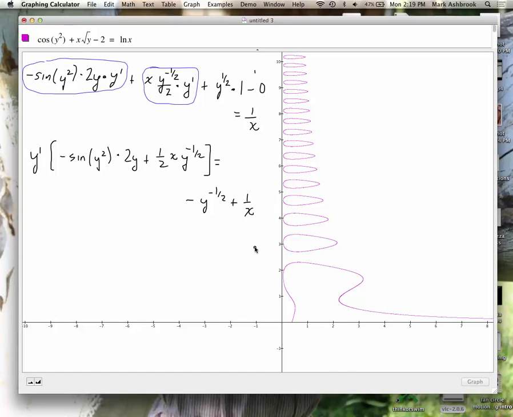How did I do? Did I make a mistake, or am I good? So I save the ones that have the rate of change, y prime, and then factor that out on the left. Everything else moves to the right, and then we're ready to divide.